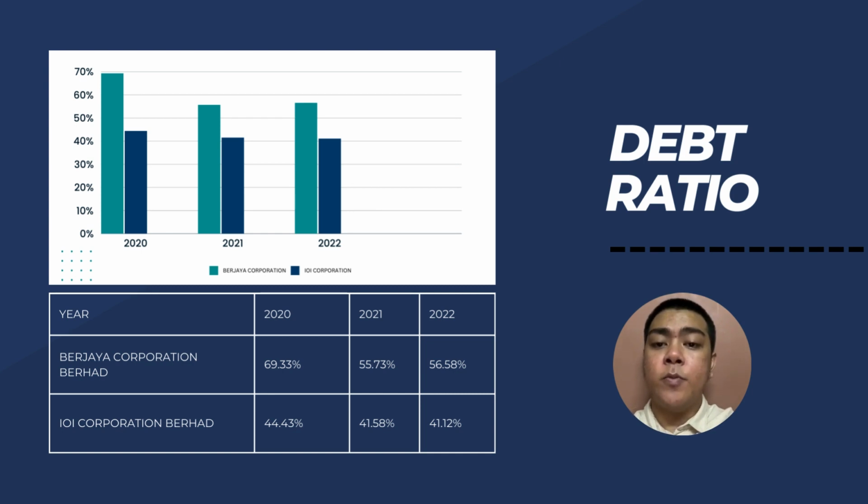However, Berjaya Corporation Berhad shows a decrease between 2020 and 2021 but an increase in 2021 to 2022, from 45.73% to 56.68%, which means that the company indicates a higher risk of debt in its financial structure at that time.